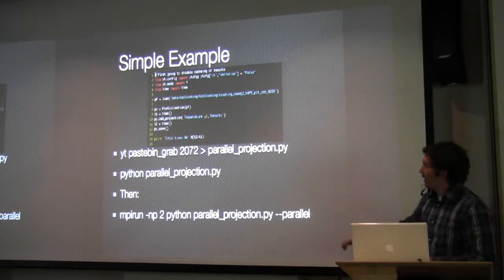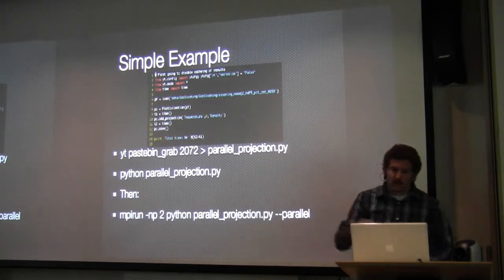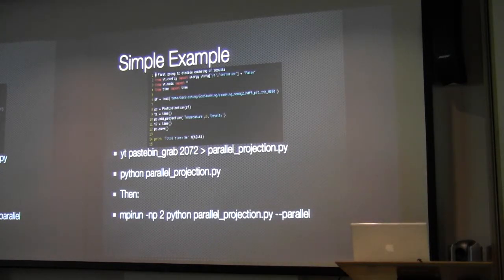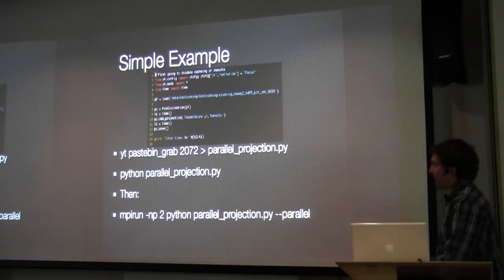So what that should look like is this screenshot here. To run that script in serial, you would just do like you've done yesterday. You'd call it with python parallel_projection.py, and it would just do its own thing. So go ahead and do that. You may need to change the location of the data path. This is where my data is, in data/no_mag2_hdf5_plot and so on.